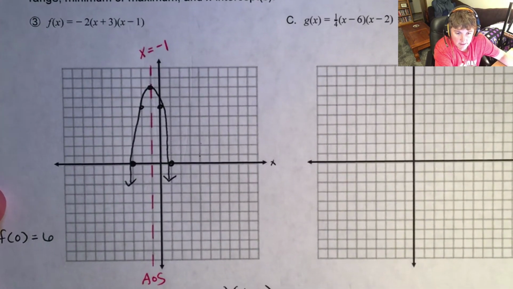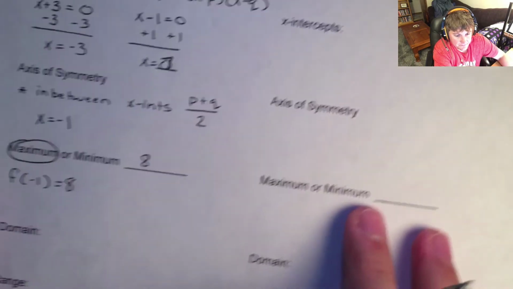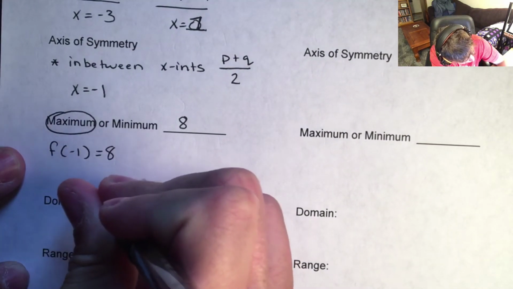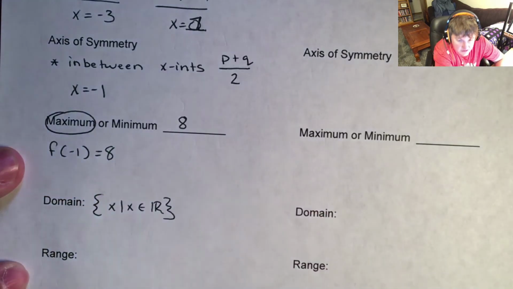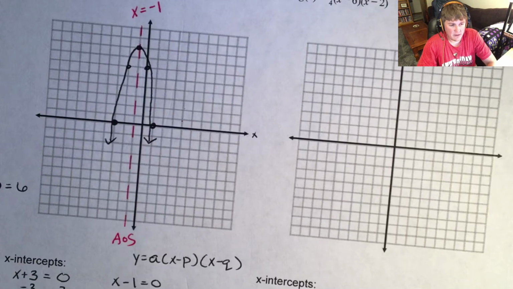Okay, domain. Domain and range are always the same. So the domain here is the set of x values such that x is an element of the real number system. Okay, as long as x is a real number, you can use it. There are no holes or gaps in the graph. Range, the approach to it is always the same. I slightly misspoke.